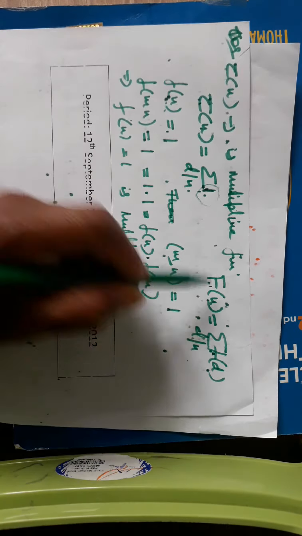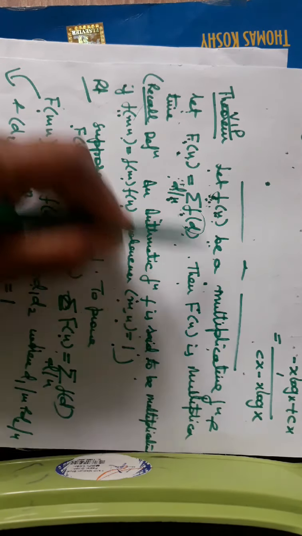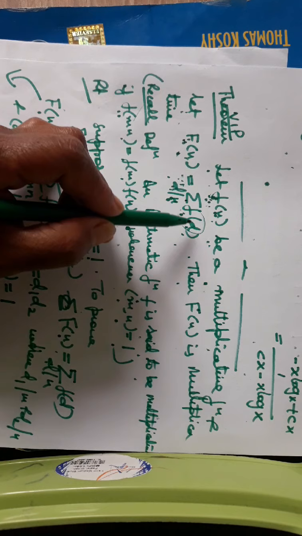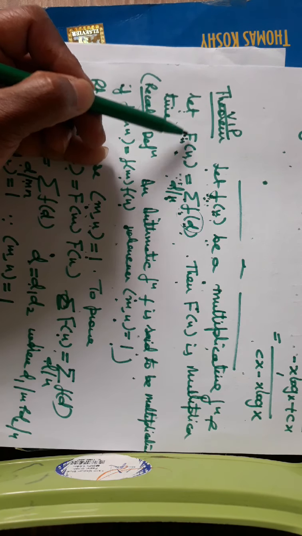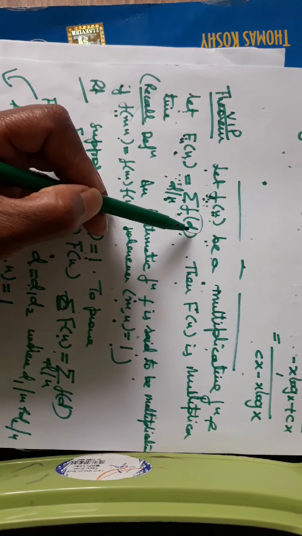And by the preceding theorem, what is that theorem? Let f be a multiplicative function, then capital F of n, which is defined as the summation of f of d, is also multiplicative. In tau of n, instead of capital F we have tau of n, and instead of f of d, we have 1.